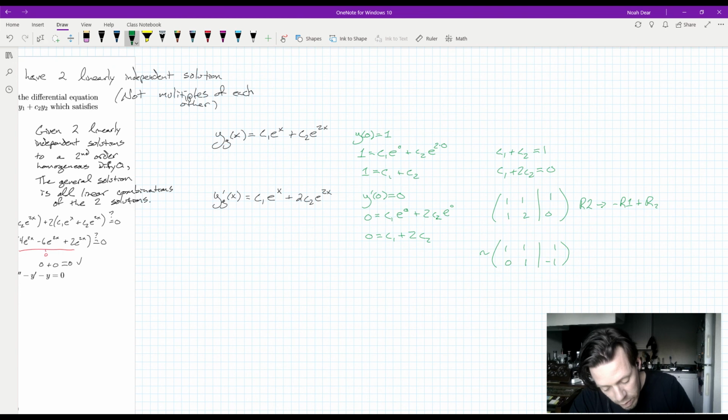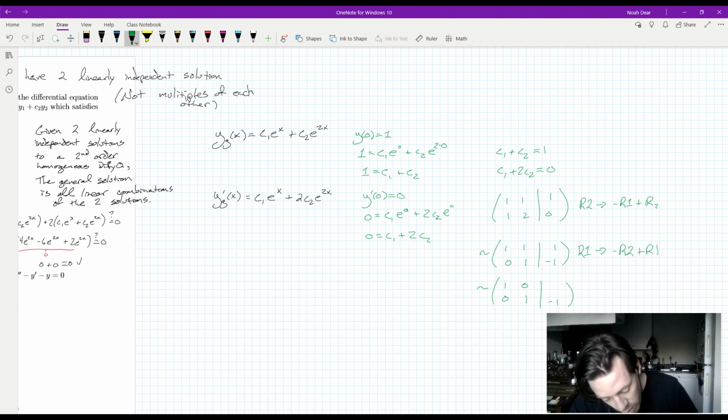And now I want to clear out the 1 in the top right of the square matrix here. And so we will get from this 1, 0, 0, 1. The bottom row is not going to change. And what we're going to do is R1 is now going to become negative R2 plus R1.